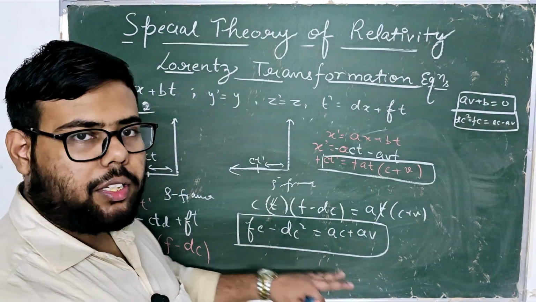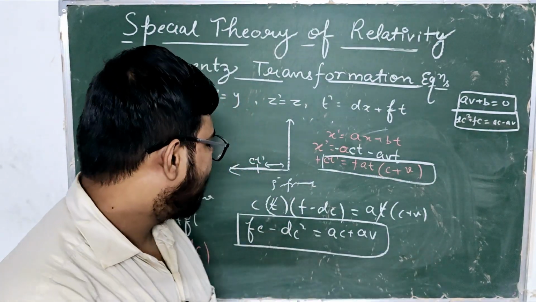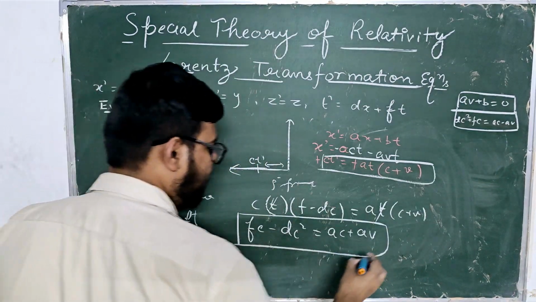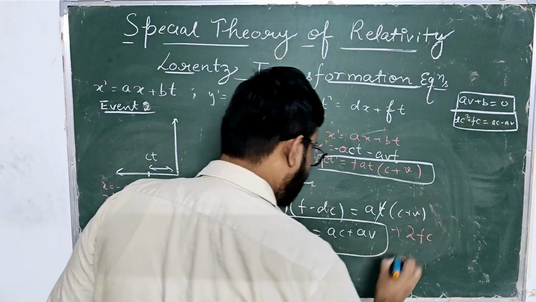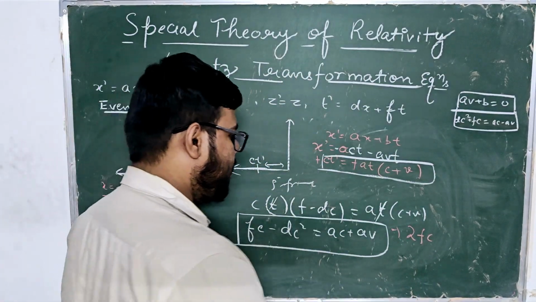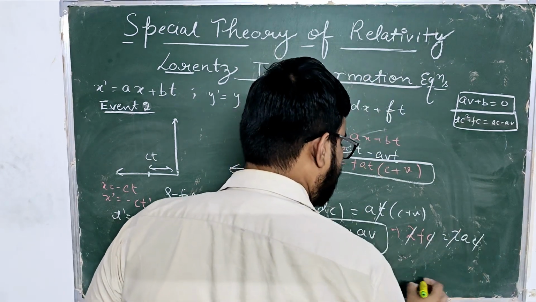Now before going to the fourth equation, first of all let's add these two equations. Let's see what we get. So on adding these two equations, this and this, we will get 2FC is equal to 2AC. So 2 and 2 get cancelled, C and C get cancelled.